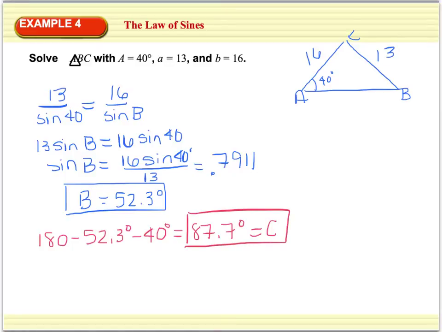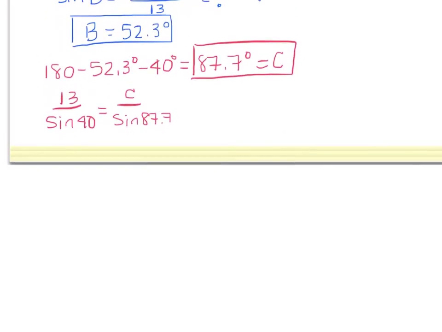So now I'm going to go and find side length C, and I'm going to use the 13 divided by the sine of 40 is equal to side length C divided by the sine of 87.7 degrees. And when we do this, this is going to give us 13 times the sine of 87.7 equals C times the sine of 40.